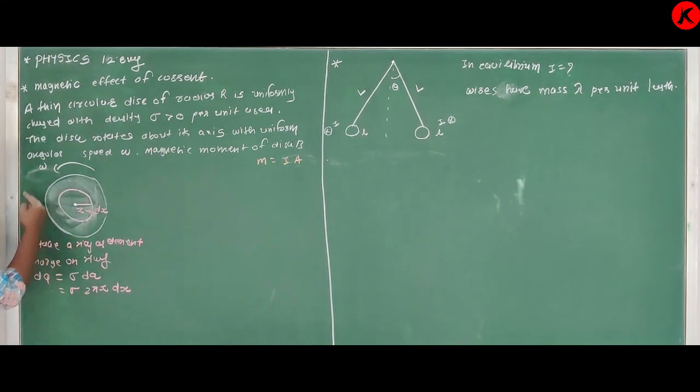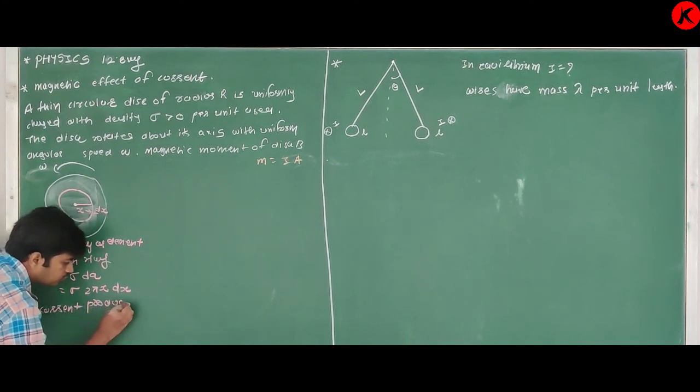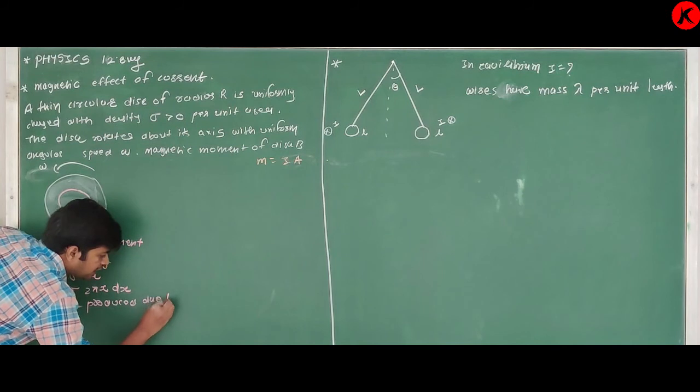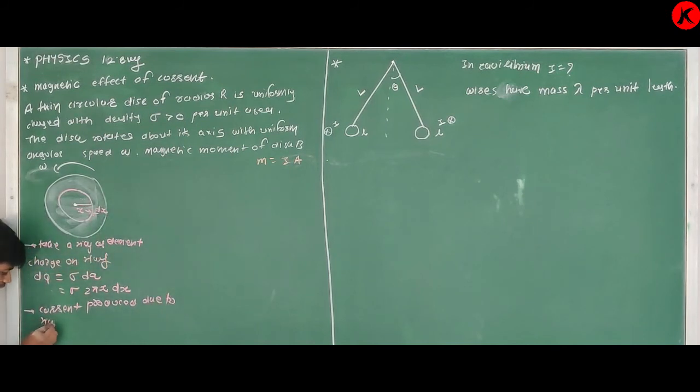Now, as this disc is rotating, this ring is rotating, and the charge on it is also rotating, and due to this rotating charge, current is produced. So the current produced due to the ring is di equal to dq upon t.